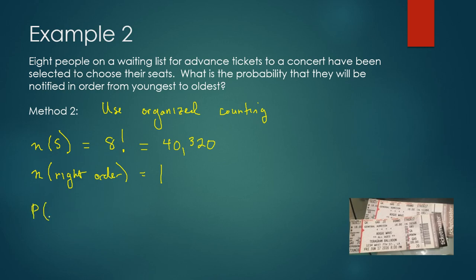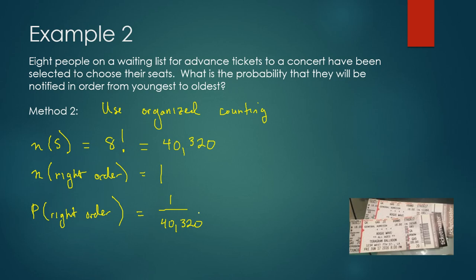So the probability that they are chosen in the right order is the number of ways they can be in the right order, 1, divided by the number of elements in the sample space, 40,320. So again, a problem that we could have looked at using compound events in our probability unit, we could also interpret using organized counting as well.